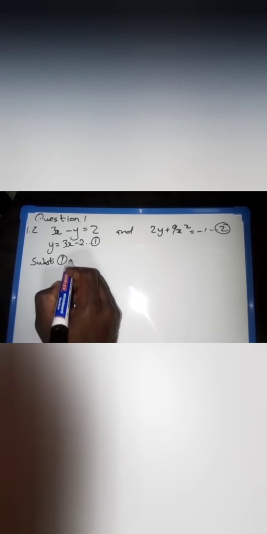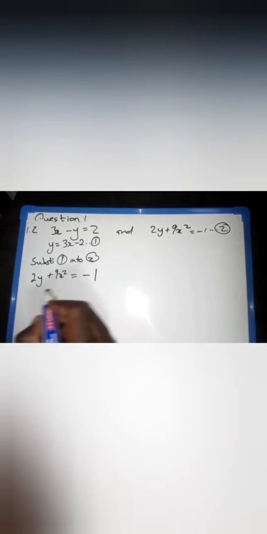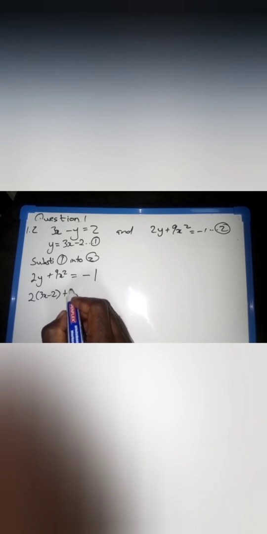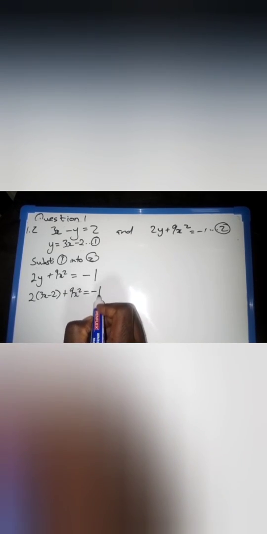Then I'll say substitute 1 into 2. So for 2y, my equation 2 is 2y plus 9x squared is equal to negative 1. My y is 3x minus 2 plus 9x squared is equal to negative 1.